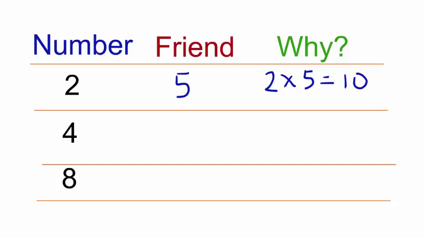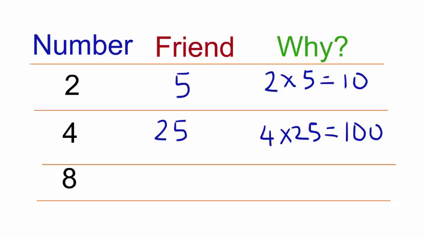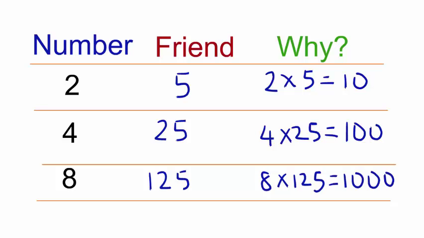The friend of 4 is 25 because 4 into 25 is equal to 100. The friend of 8 is 125 because 8 into 125 is equal to 1000.